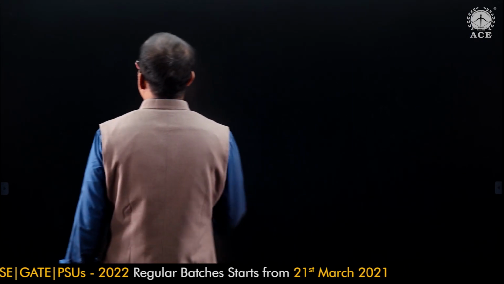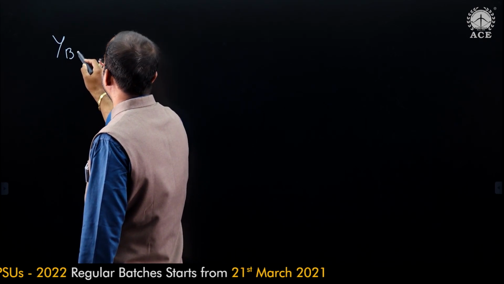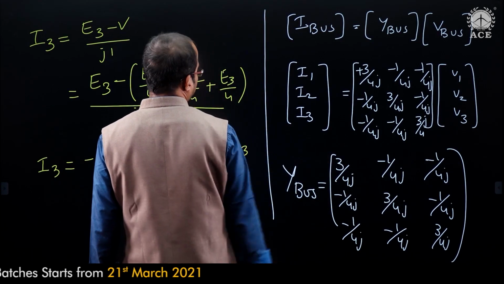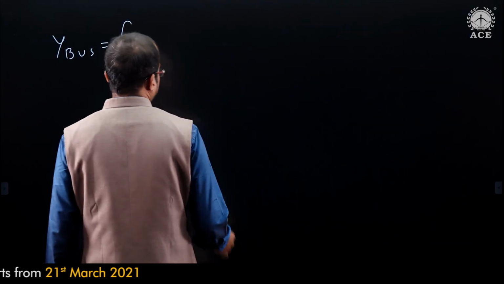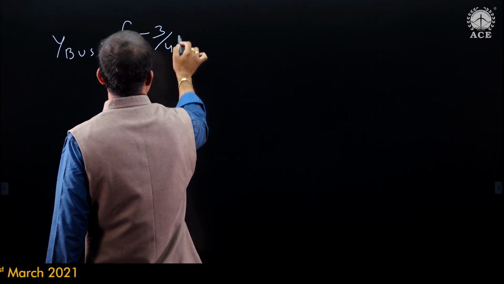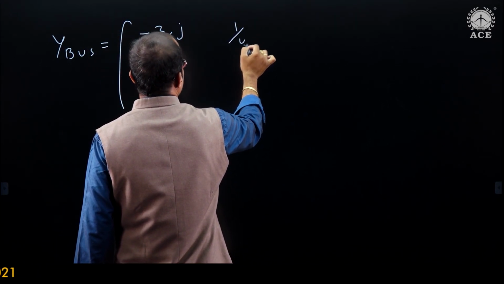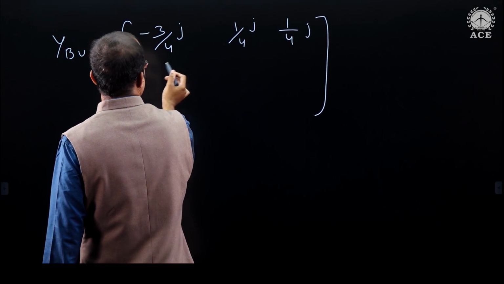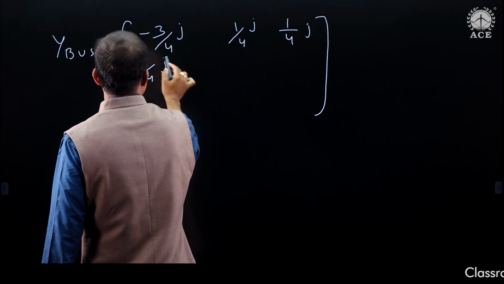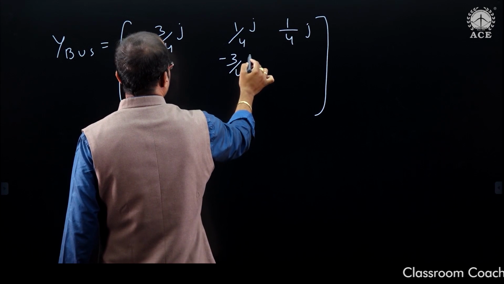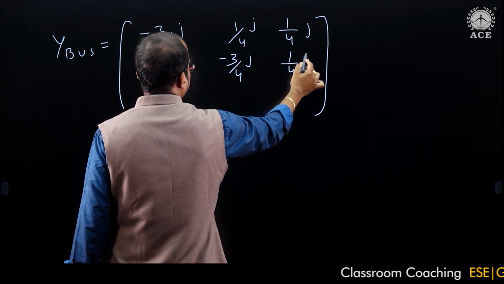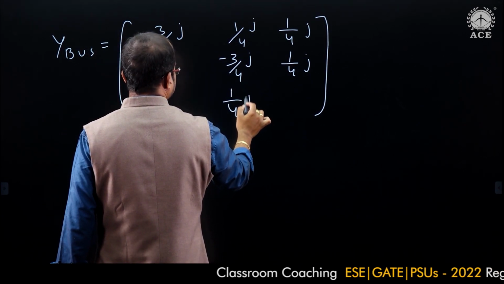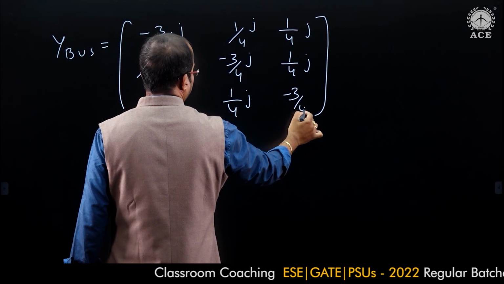So the Y bus can be written as minus 3 by 4j, 1 by 4j, 1 by 4j; 1 by 4j, minus 3 by 4j, 1 by 4j; and 1 by 4j, 1 by 4j, and minus 3 by 4j.